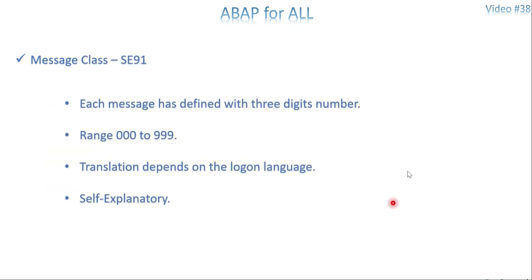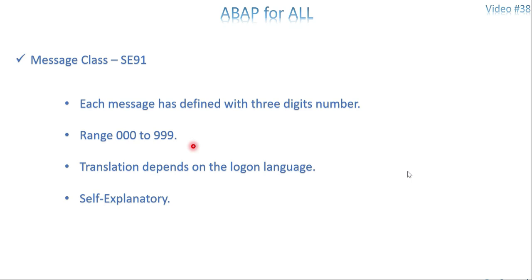And in SAP, the message class transaction code is SE91. Each message is defined with a three-digit number. It starts with 000 and ends with 999, which is predefined by SAP, so you have to pick whichever number you want.